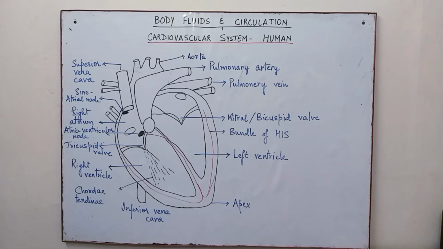So the human circulatory system is a very important system, and it is actually made up of a few important components.